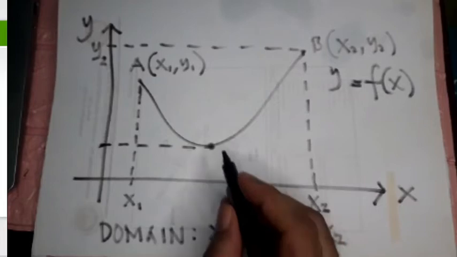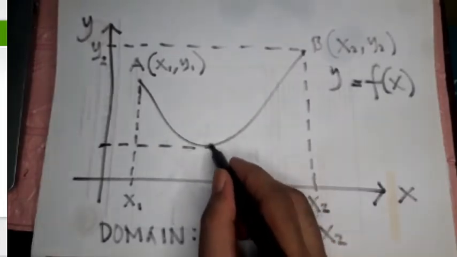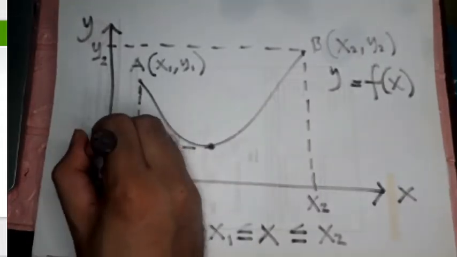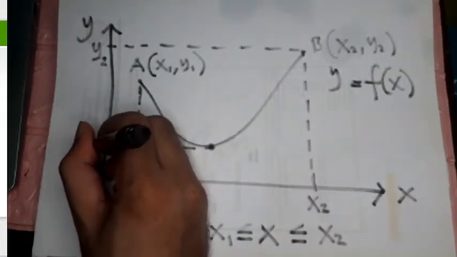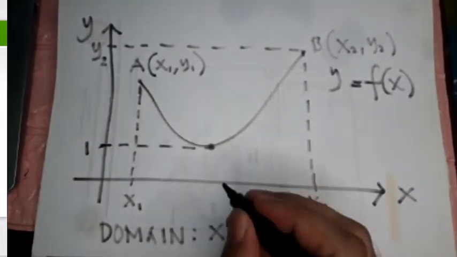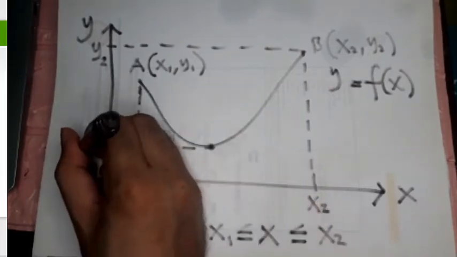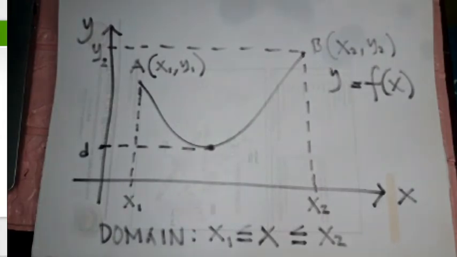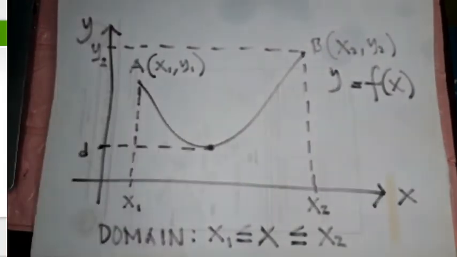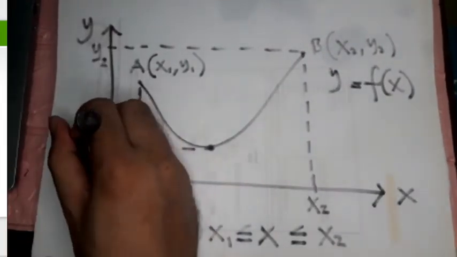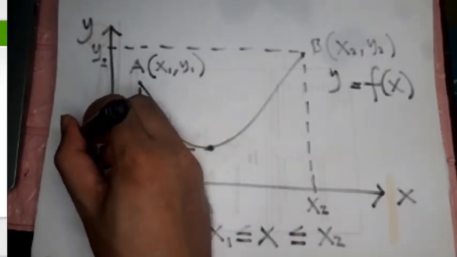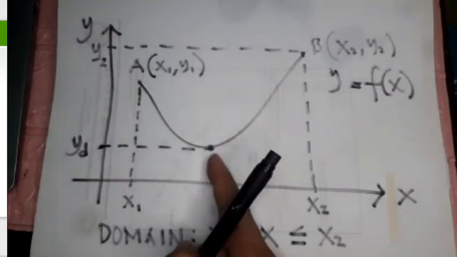So for example, here, this is point D, and yD.